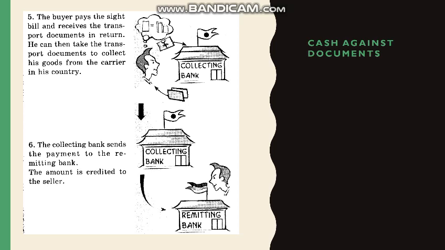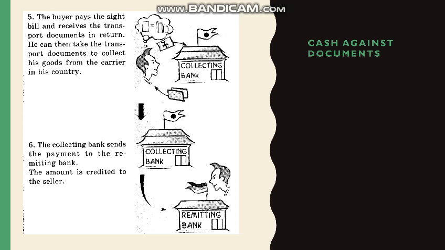CAD holds a certain risk for the buyer because he doesn't have the chance to examine the goods before he has paid for them. However, this risk can be minimized by asking the seller to arrange examination of the goods by an inspection company before they are dispatched.